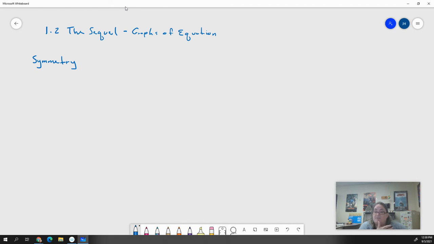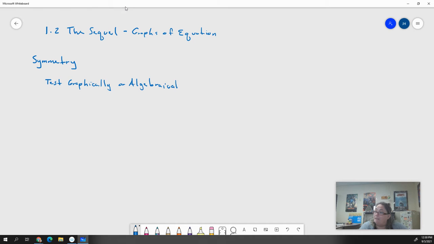And there's different ways of testing for symmetry. We can test for symmetry graphically, or algebraically. I am going to give you the rules for both.